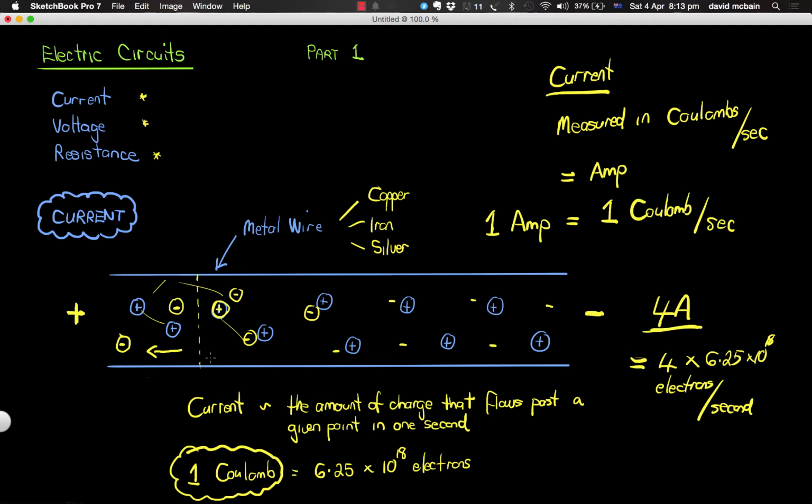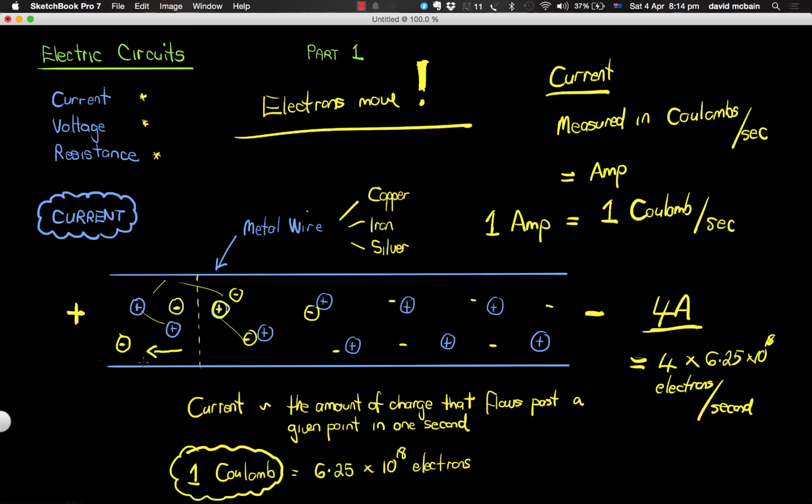So in any electric circuit, it's actually the electrons that move through the wire. But because so many scientists believed that it was the positive charges, that idea stuck. And this causes a little bit of confusion nowadays, because when we talk about the direction of current, we talk about the way that a positive charge should move.